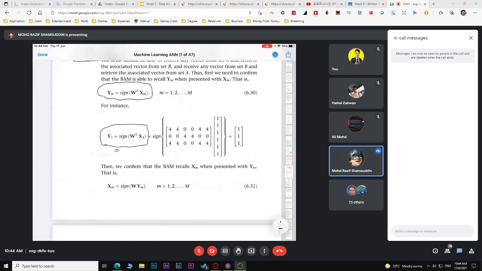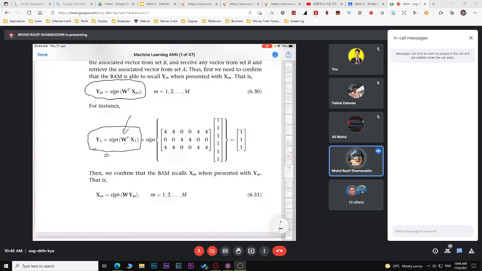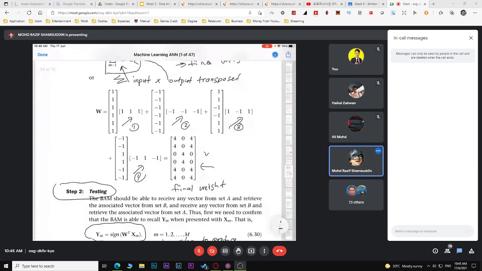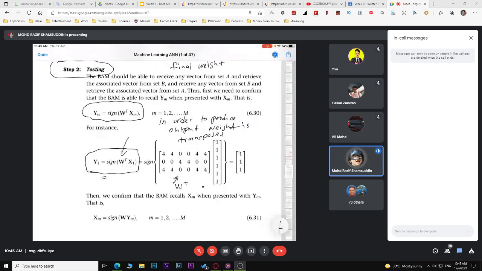You have to look. So in order to produce the output, the weight is transposed. Can you see this weight? This is not the normal weight. The normal weight looks like this. This is its weight. But in order to produce the output, the weight transpose times the input, the multiplication of the input, here x1, you will get the output y1.